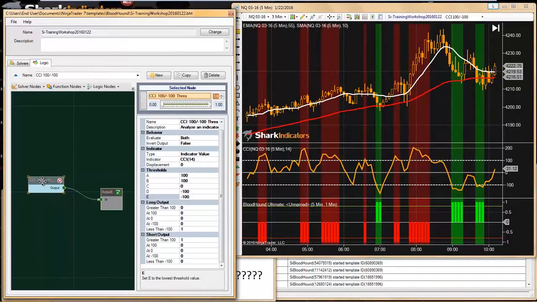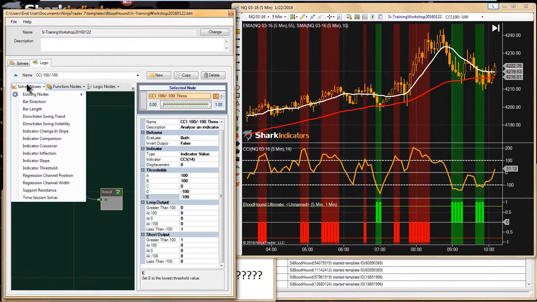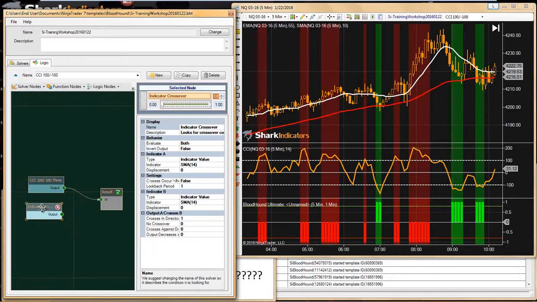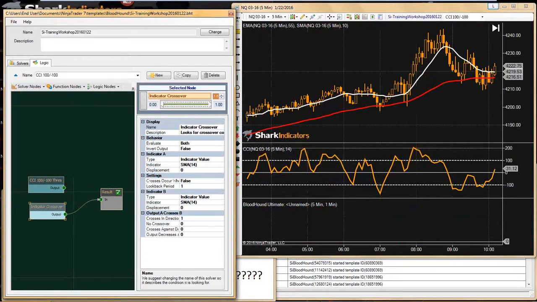If you want to create distinct signals when the CCI crosses the 100 or crosses the negative 100, then we can use the crossover solver, and that'll give us a different look. Let me name this here.